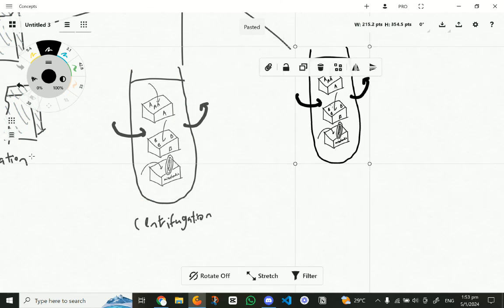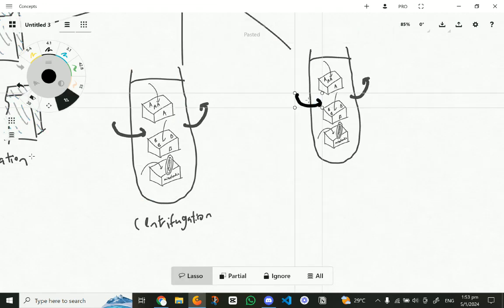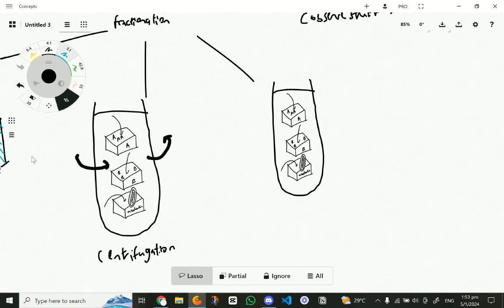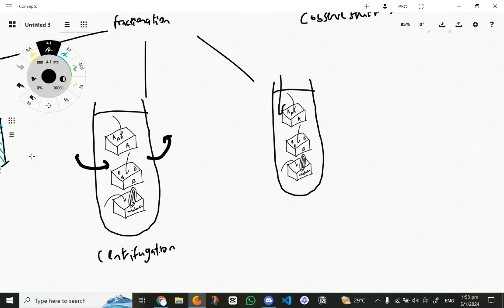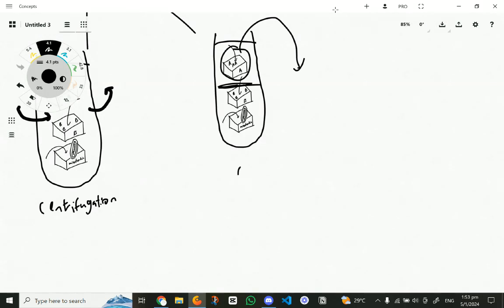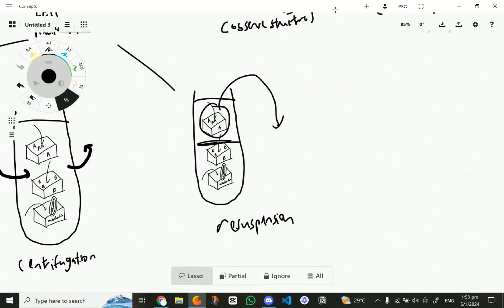Try not to do that, because if you keep repeating the same visuals, then you will mess up your memory. But for this one, I can't draw a hand. Screw it. It's to obtain the sample.